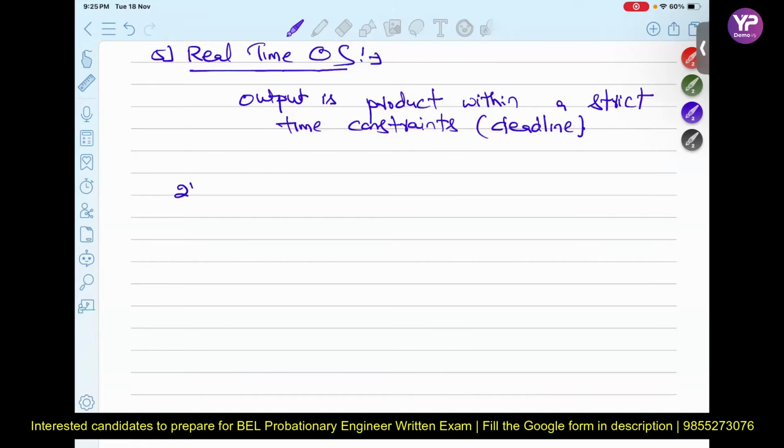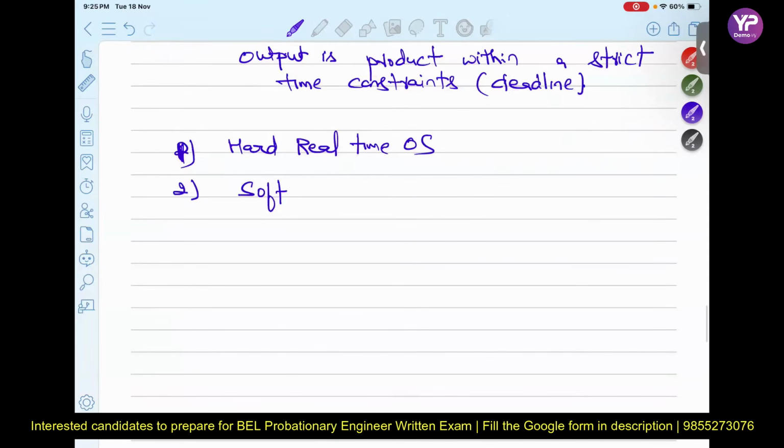So we have mainly two types of real-time operating system. One is hard real-time operating system, and the second one is soft. Hard means it's more or less related to hardware. Soft means software. Soft real-time.